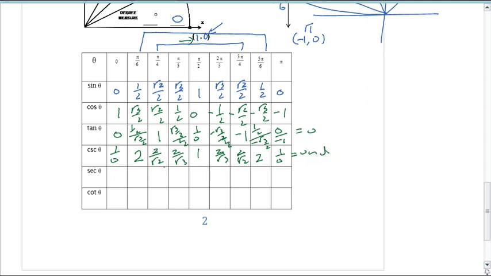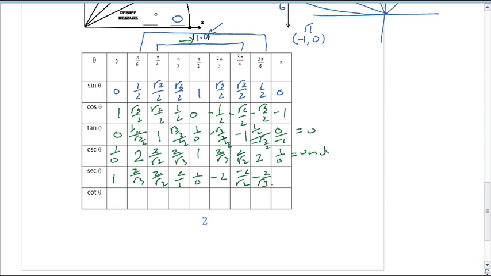Okay, we're doing great, almost done. Reciprocal for cosine, we get 1, 2 over radical 3, 2 over radical 2, 2, 1 over 0, which is undefined, -2, -2 over radical 2, -2 over radical 3.